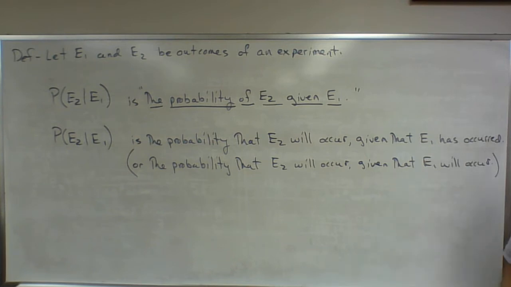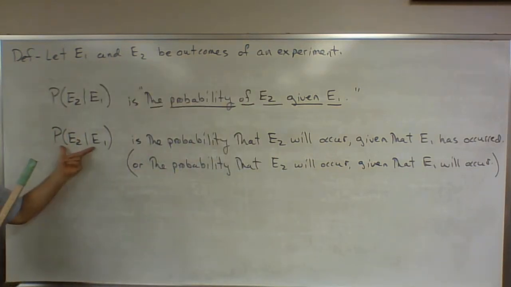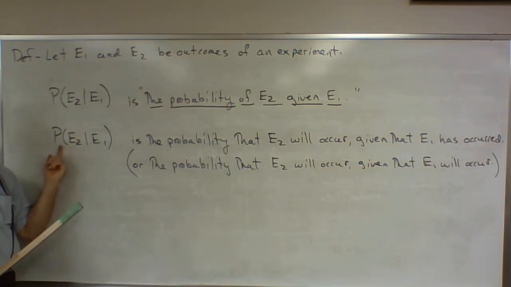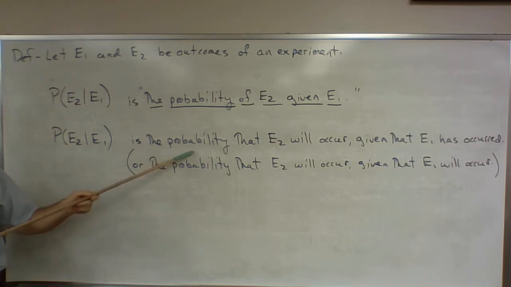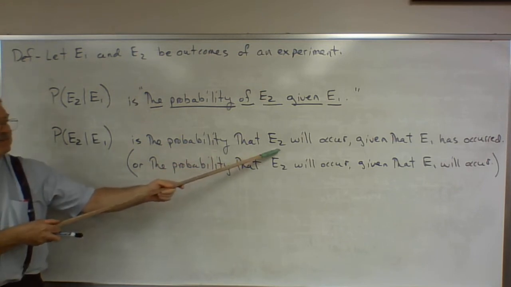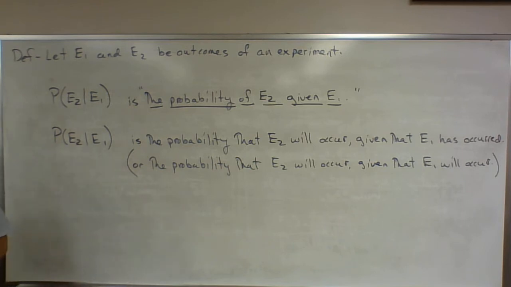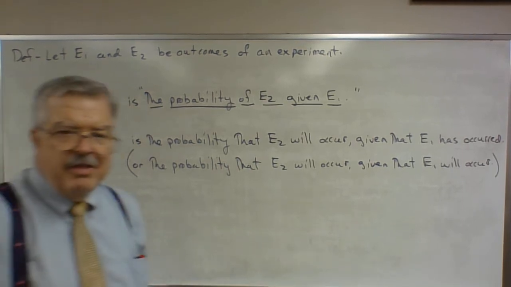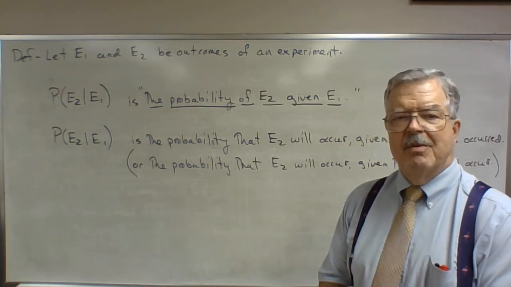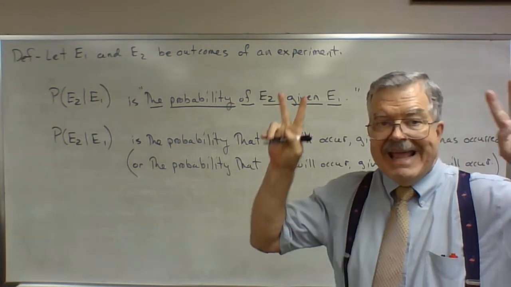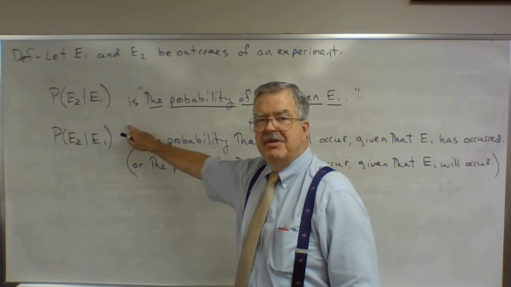In this class, as far as I know, whenever we see this notation, the probability of E2 given E1, it's going to mean the probability that E2 will occur given that E1 has occurred. And the notation is important because we have some formulas involving and problems where we need to use this notation.